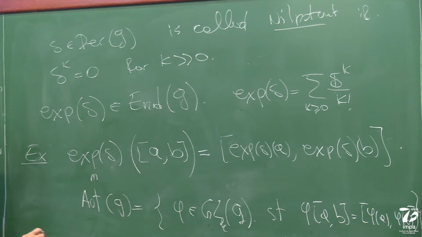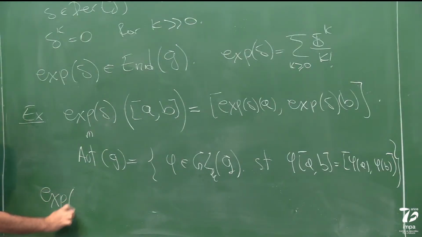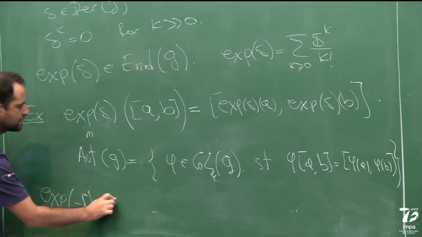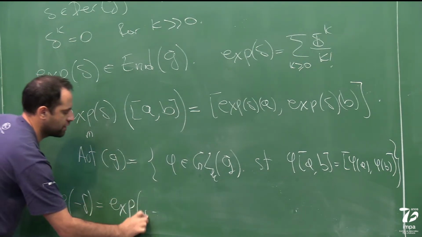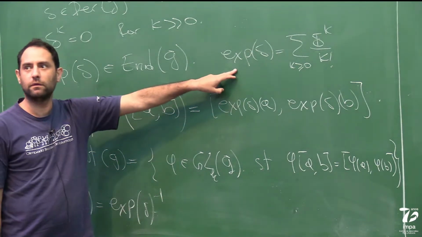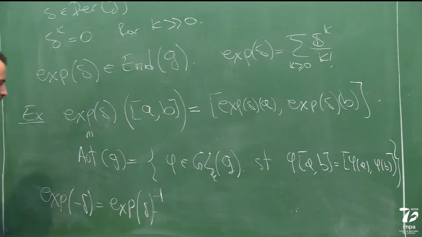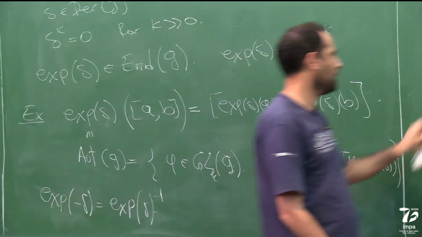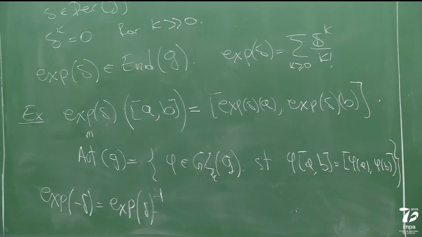But that's very simple because the exponential of minus delta is the inverse of the exponential of delta. And again, this is just plugging in this formula. So for any nilpotent derivation of G, we get an automorphism of G.